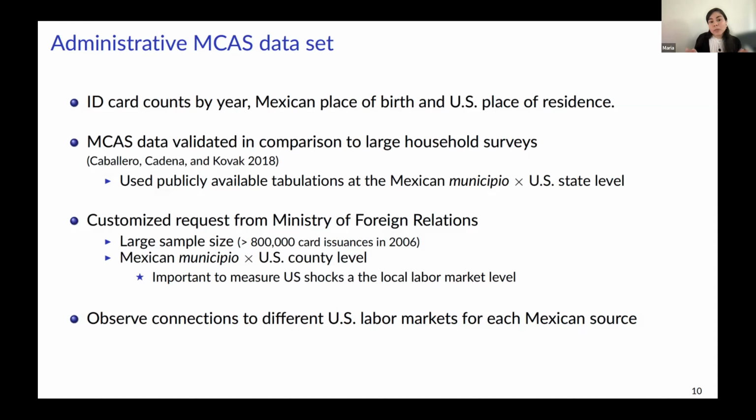And for this project in particular, we have a customized version of the data that allows us to observe the municipio or municipality of birth in Mexico and county of residence in the US, which is important for our case because that allows us to measure US employment declines or shocks at the local labor market level. So with this data, we are able to observe connections to different US labor markets for each Mexican source region.